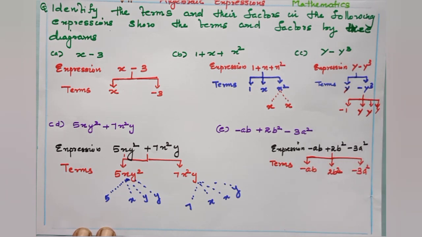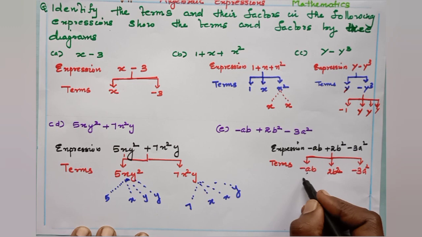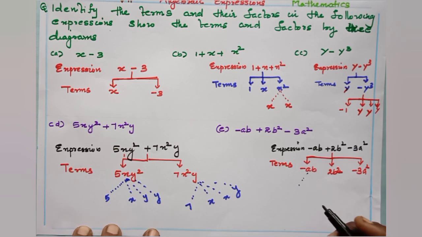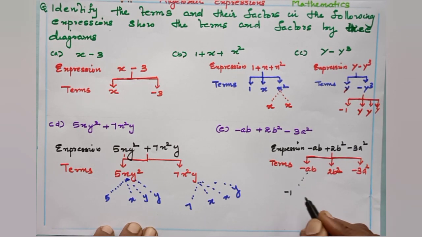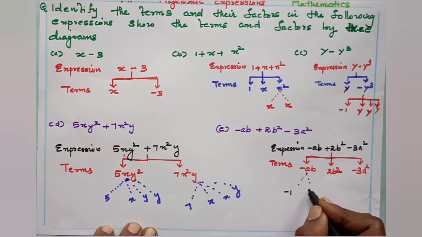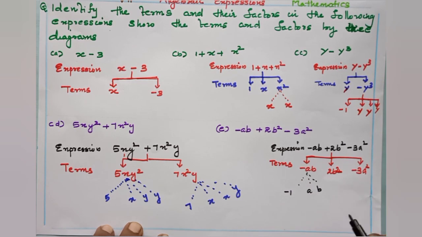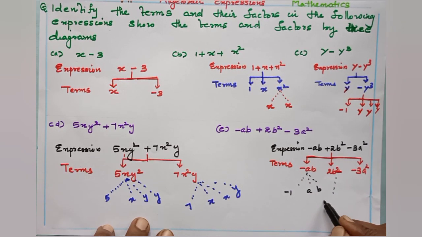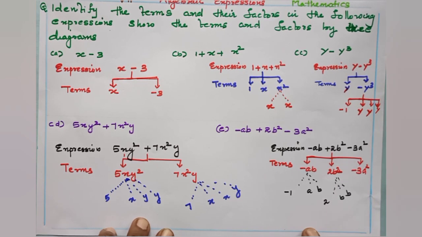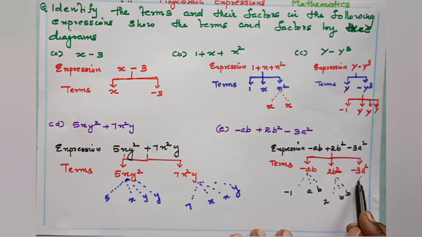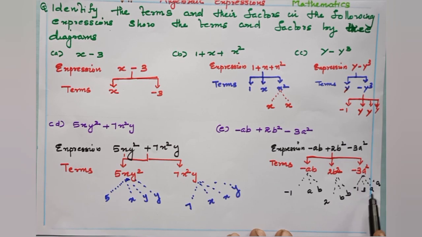Okay. Then write the factors. Minus ab we can write as minus 1 into a into b. 2b square we can write as 2 into b into b. Then minus 3a square we can write as minus 1 into 3 into a into a.